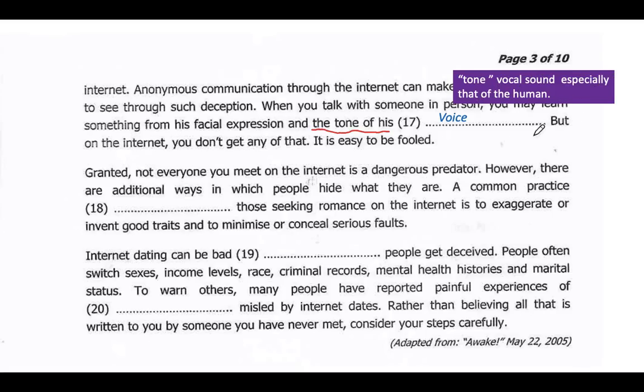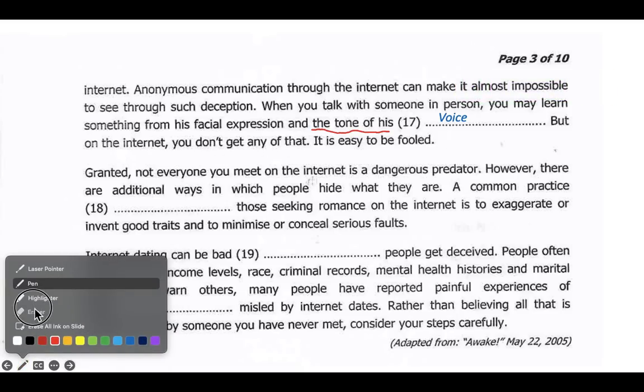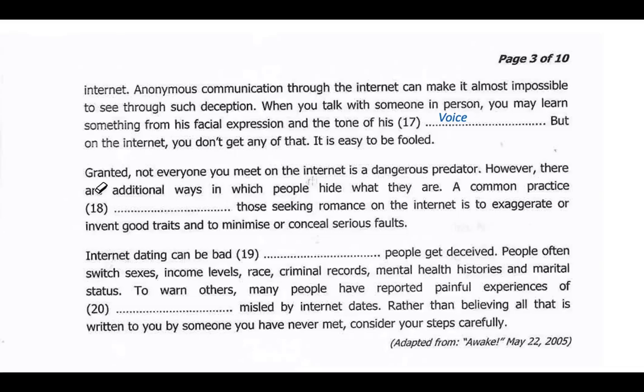Okay, we make a continuation: but on the internet you don't get any of that. It is easy to be fooled. Okay, and then we go on. Granted, not everyone you meet on the internet is a dangerous predator. However, there are additional ways in which people hide what they are.